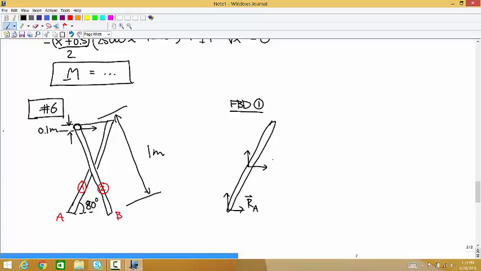At the midpoint, there's a force on 1 by 2. And then at the top, there's a force of 300 going to the left. Any questions about that?